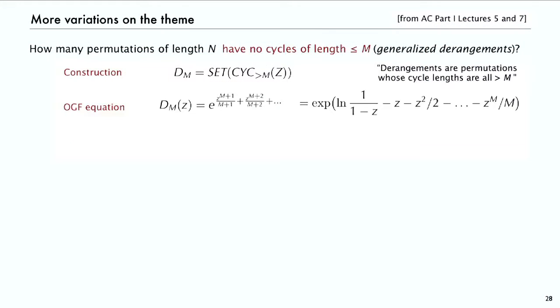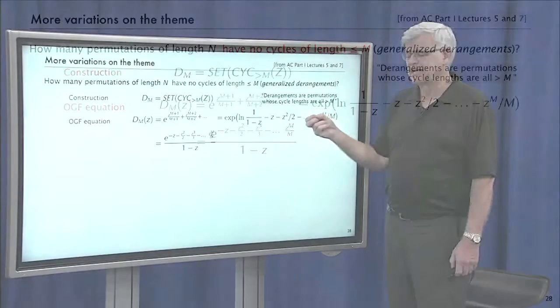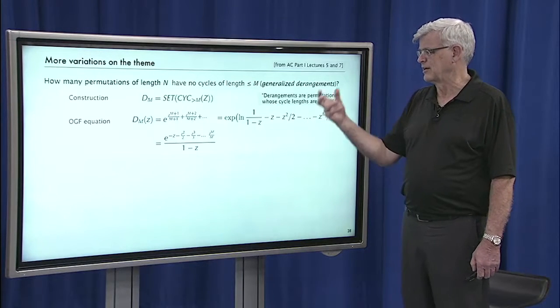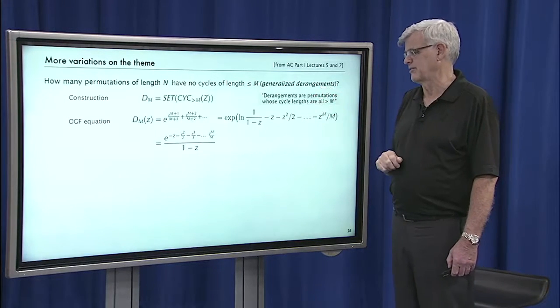And that's e to the log of 1 over 1 minus z, subtracting off all the terms up to m. Or it's a rather complicated generating function. And now extracting coefficients from that using classical methods might be a challenge. So that's for the second part of the class, to see how we get asymptotics of coefficients of functions like that. But for this part, taking the construction and getting an equation on the generating function is a very simple process.